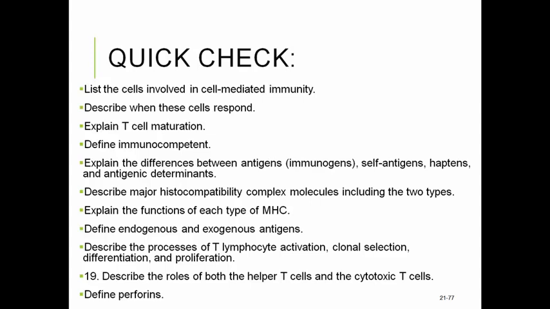The processes for T lymphocyte activation, how they're cloned, their differentiation and their proliferation, are described in the figures from your textbook, so that you have both the picture to look at and the information in the synopsis. The roles of both the helper T cells and cytotoxic T cells, we covered both of those when we looked at MHC proteins and which one responds to which.